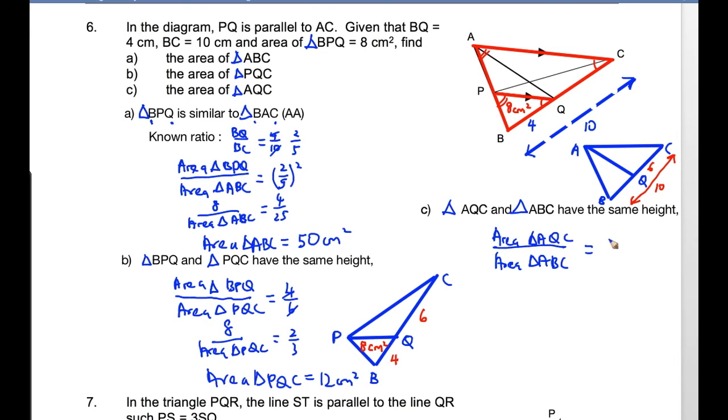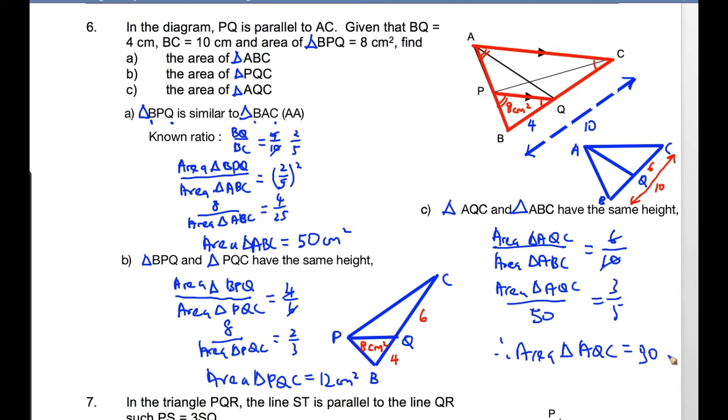The base of AQC is 6 and the base of ABC is 10. Since we have already found the area of triangle ABC, which is 50, therefore the area of triangle AQC is just simply 30 cm squared.